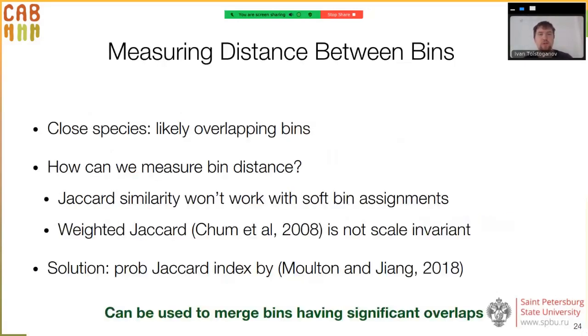Another application is that we try to estimate the phylogenetic distance between species represented by our bins. In terms of bin refining, the bin distance can be utilized, for example, to merge bins that have sufficient overlap in the link graph. And we use the probability Jaccard index to measure similarity between a pair of bins.